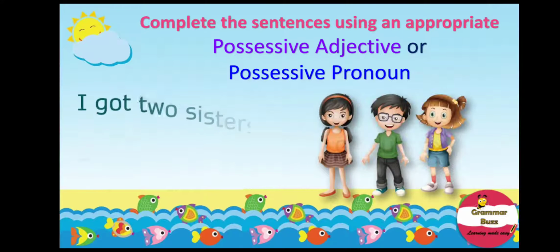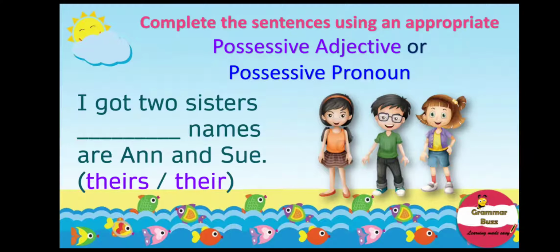Okay. So, this is the last one for you. I got two sisters. Their names are Anne and Sue. Oh, I have no sisters. I guess you have. Okay, so fine. Let us figure out what we are supposed to use here.